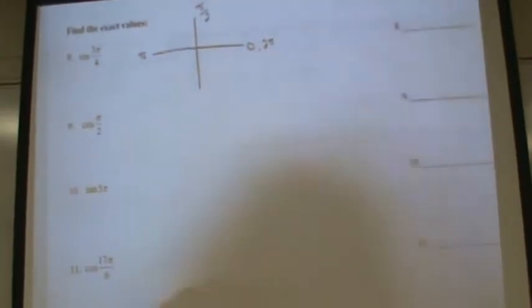So if we cut that in half, we know that this is pi over 2. And we know that this comes back to 2 pi. So if we cut that in half, we have 3 pi over 2. So if we rewrite this, we're looking for 3/4 pi.